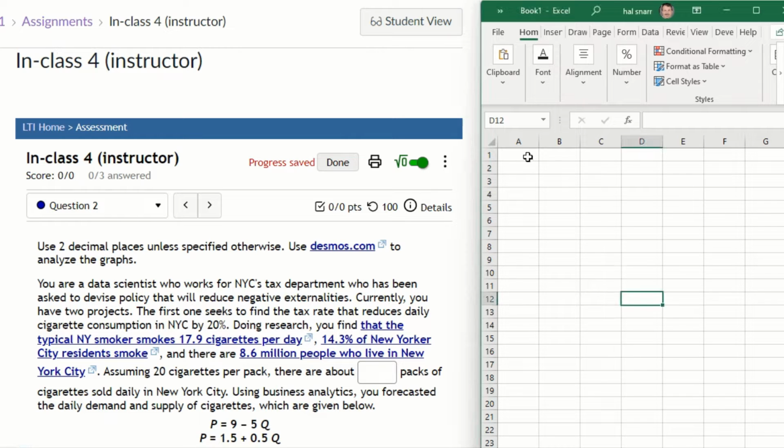So I'm going to go over here to Excel, and I'm just going to type 17.9 cigs per day. When I put units below in the second row, that's division, right? So cigs per day. And then 14.3% of New Yorkers smoke.